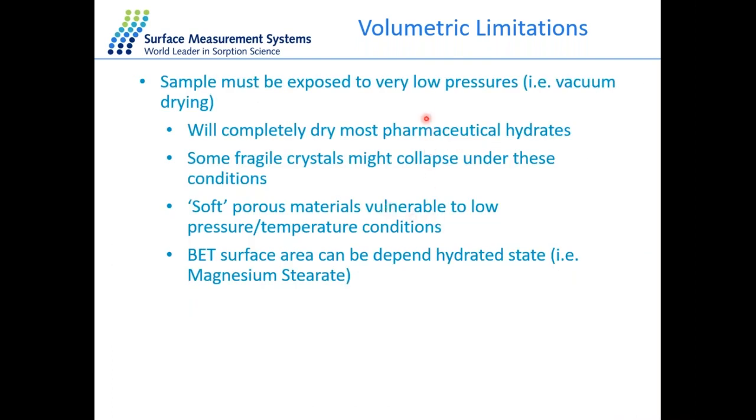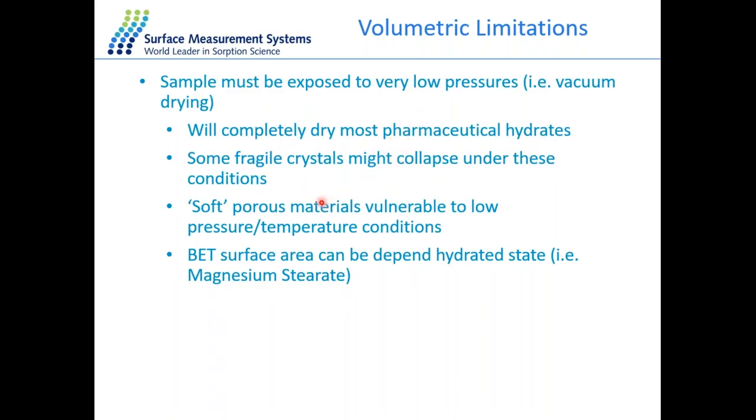In addition, to do volumetric techniques, you typically have to go to very low pressures, i.e. vacuum conditions, vacuum drying. So you have to expose it to the millitorr, or sometimes even 10 to the minus 6 torr, to completely dry out the sample. And for these low pressure conditions, if I have some fragile materials, such as maybe a pharmaceutical hydrate, cellulose, some polymers, some soft porous materials, these very dry or low pressure conditions can change the structure of the material.